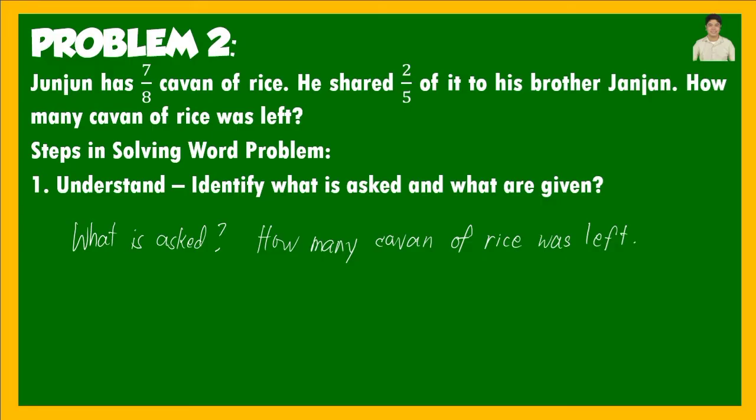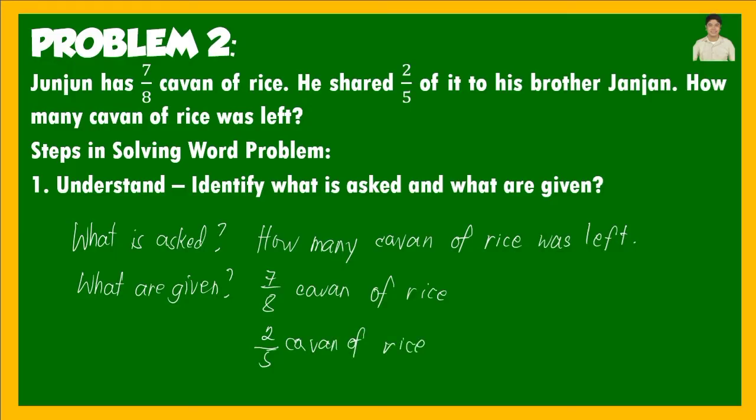Okay, then what are given? So, yung given natin dito is 7/8 kaban of rice, and then 2/5 kaban of rice was shared to Janjan.